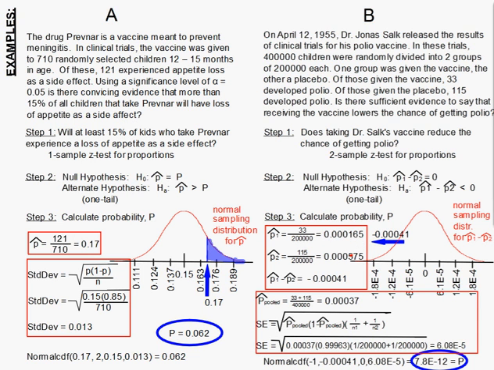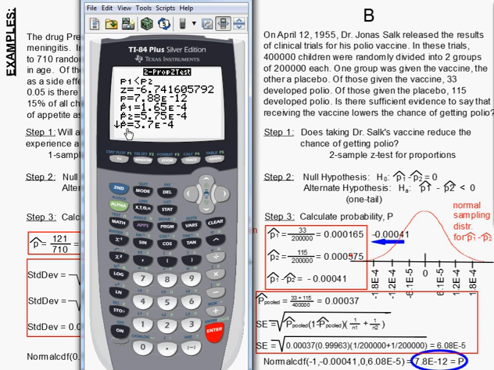It also gives us the pooled proportion, 3.7 E negative 4. Here's the 3.7 E negative 4. If you scroll down, it gives you the two N values as well. And so that's how you use your TI-84 to do all of this as well.